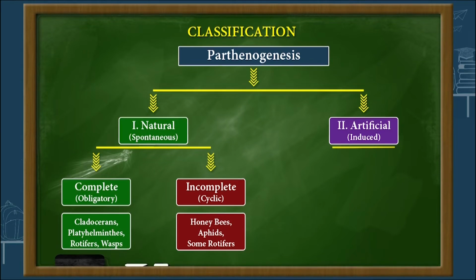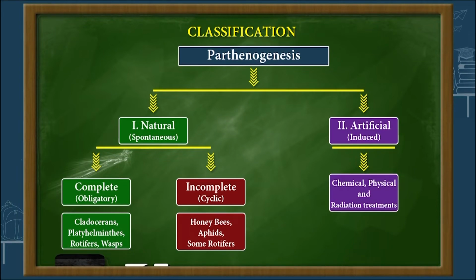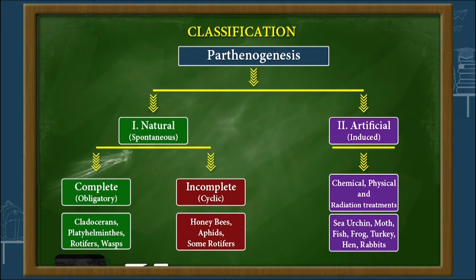Now, artificial or induced parthenogenesis is given special treatment. It could be chemical treatment, physical treatment, or radiation treatment, and these are successfully carried out in sea urchin, moth, fish, frog, turkey, hen, and also in mammals such as rabbit.